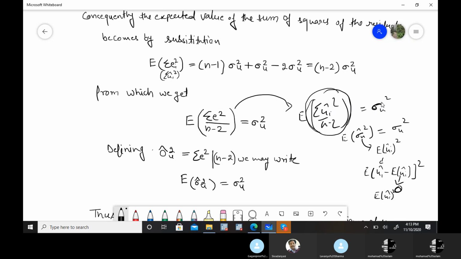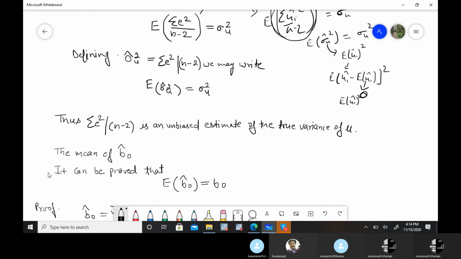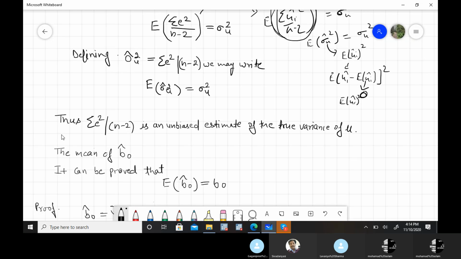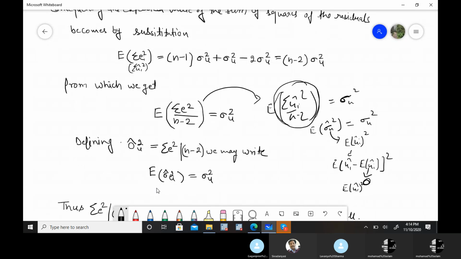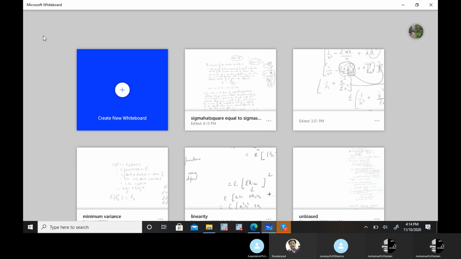Is it clear why this particular derivation is important and how you have to do it? Any doubt in this derivation?